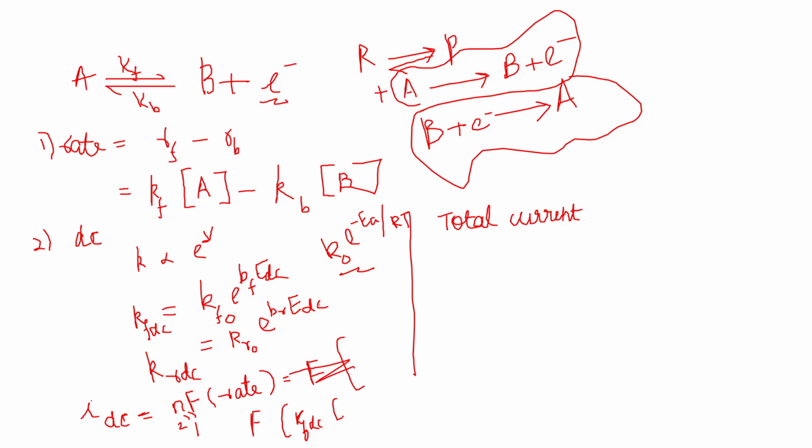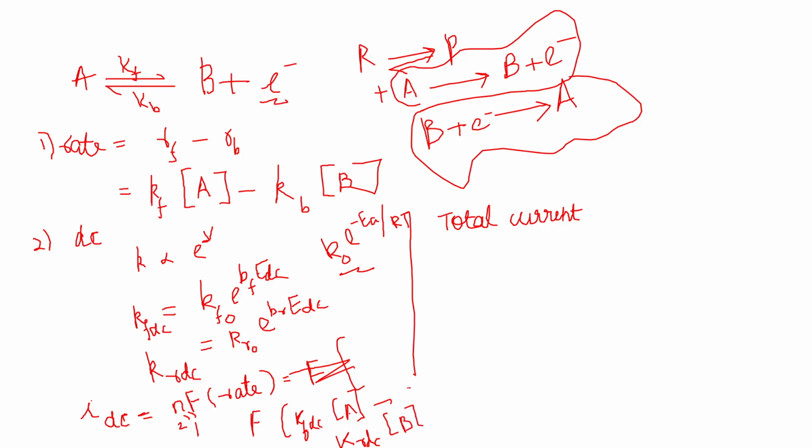KFDC into concentration of A minus KRDC into concentration of B. I hope this is clear. So it is easy to write.